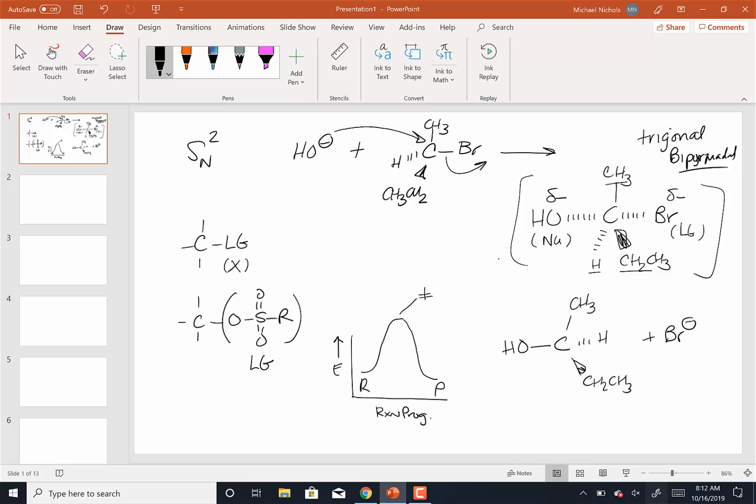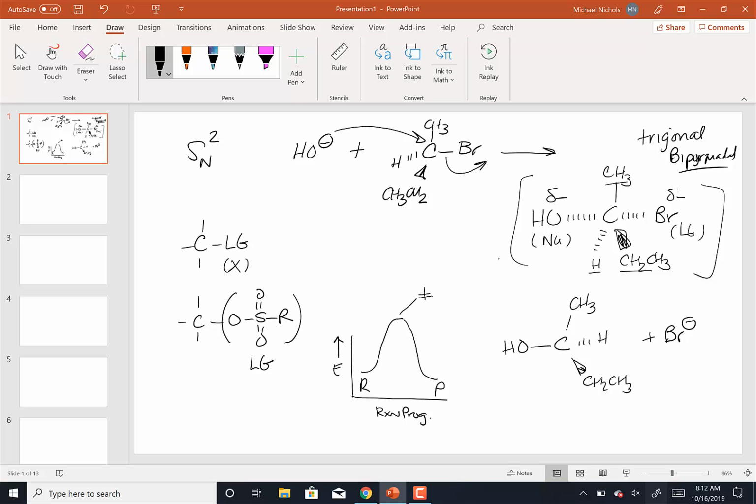So the mechanism of this would be the arrows, the transition state, and then writing the final product. That would be the mechanism for an SN2 reaction. And I will definitely ask you to do that on the next exam.